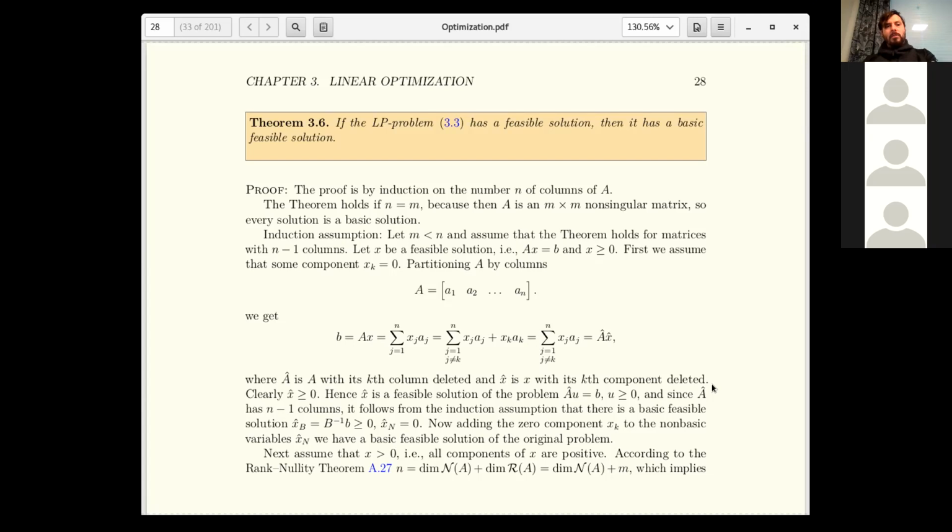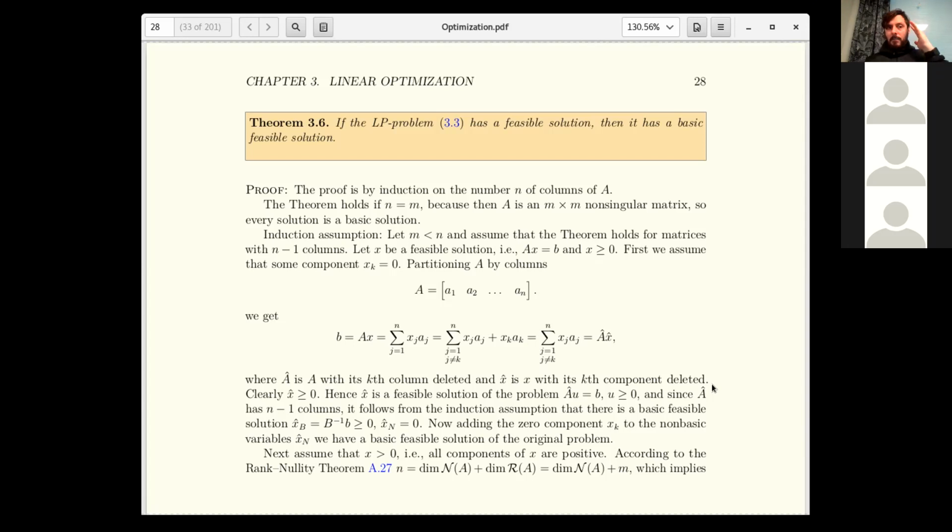It's an induction on the number of columns of A, and basically we can think of it as the number of columns exceeding the number of rows. Because if the number of rows and columns is equal, then we are dealing with a non-singular matrix and it has one solution. It's a basic feasible solution. So if that solution is feasible, then it's the only possible point that satisfies the constraints.